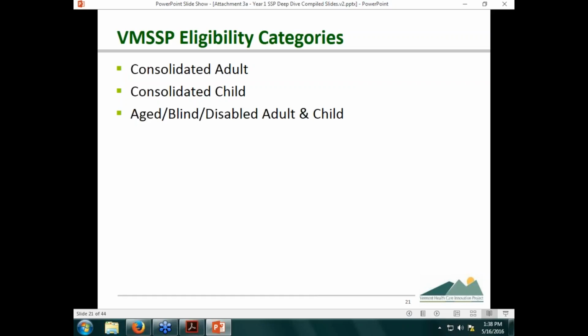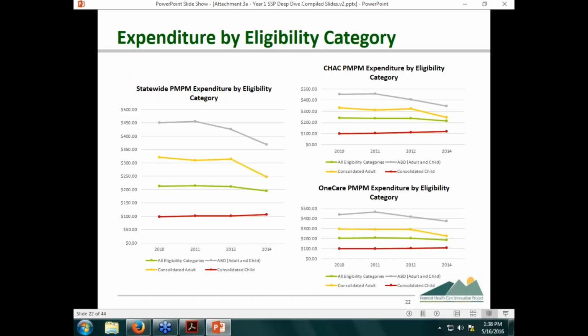And these are largely broken down for the purposes of understanding the different expenditure patterns in these three population segments. But it's interesting to look at how their expenditure patterns have changed from the baseline period to the 2014 period within these segments, because the consolidated adult group is the one that was most impacted by expansion, and the consolidated child group is the one that's least impacted by expansion.